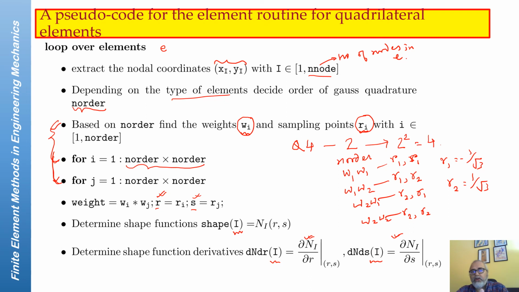So this is how a pseudocode would look like, and this is what you will keep calling for every element in your mesh, and keep adding the elemental stiffnesses to the global stiffness in the way that we have learned using the assembly procedure.